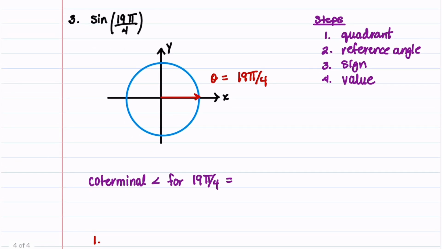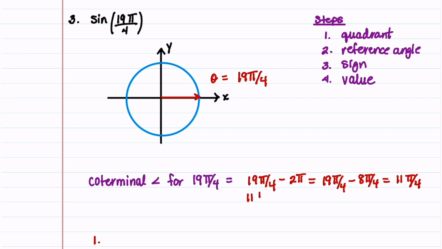So the coterminal angle for 19 pi over 4 is 19 pi over 4 minus 2 pi, which is 19 pi over 4 minus 8 pi over 4, which gives us 11 pi over 4. That is still bigger than 2 pi, so we're going to do it again.